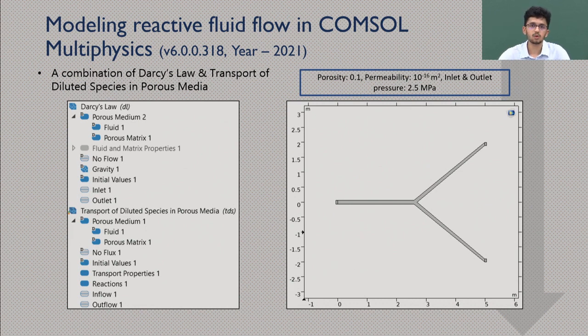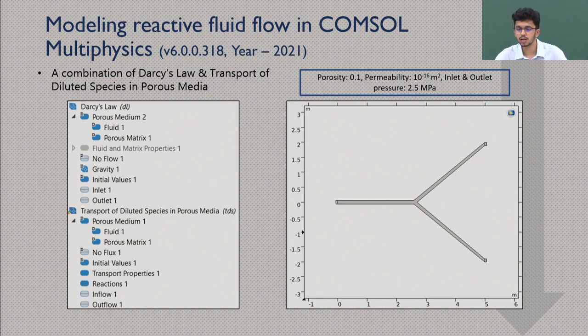So what I did was I coupled the modules of Darcy's law and transport of diluted species in porous media, and I modeled a 2D branching Y-shaped horizontal fracture zone in basalt. Here you can see its scale to be around 5 meters in length and 4 meters in height, with the width being around 0.25 meters.